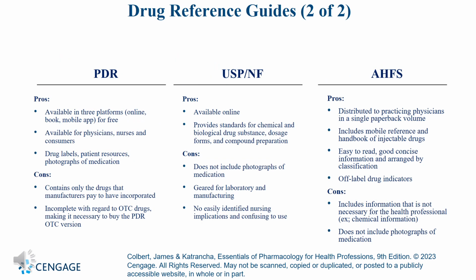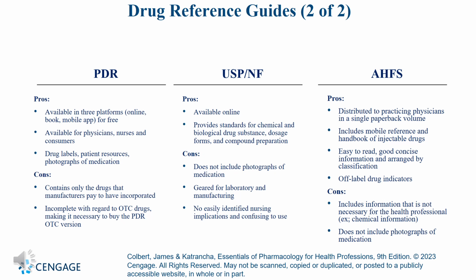Alright, so let's talk about the three drug reference guides: the PDR, the USP/NF, and your AHFS. What we're looking at is the pros and cons. For instance, on the PDR, what makes it stand out in the pros? Well, it comes in all three platforms: the online, the book, and the mobile app.